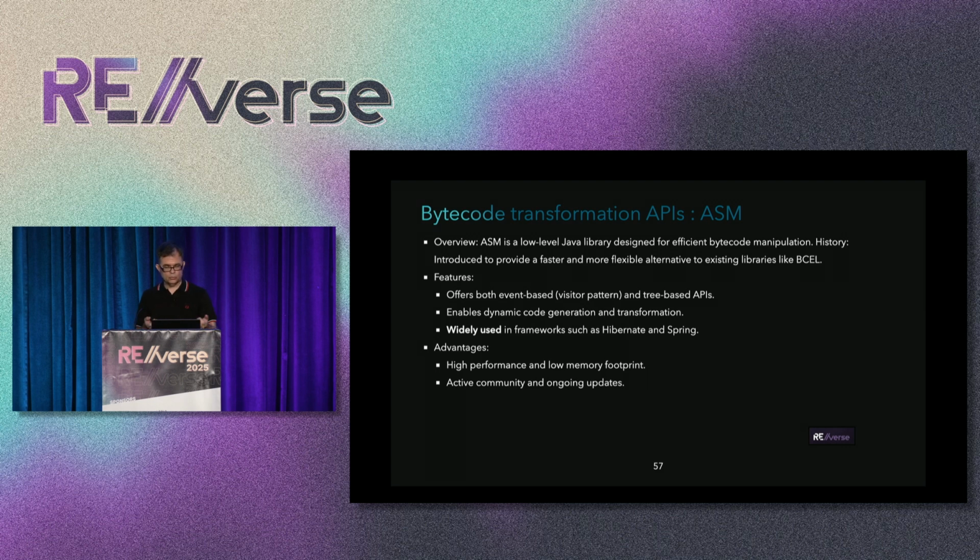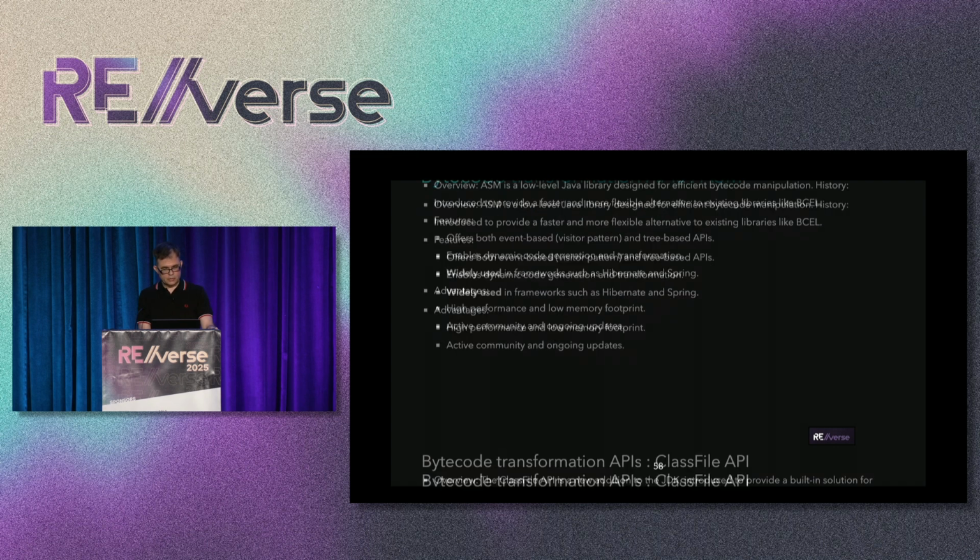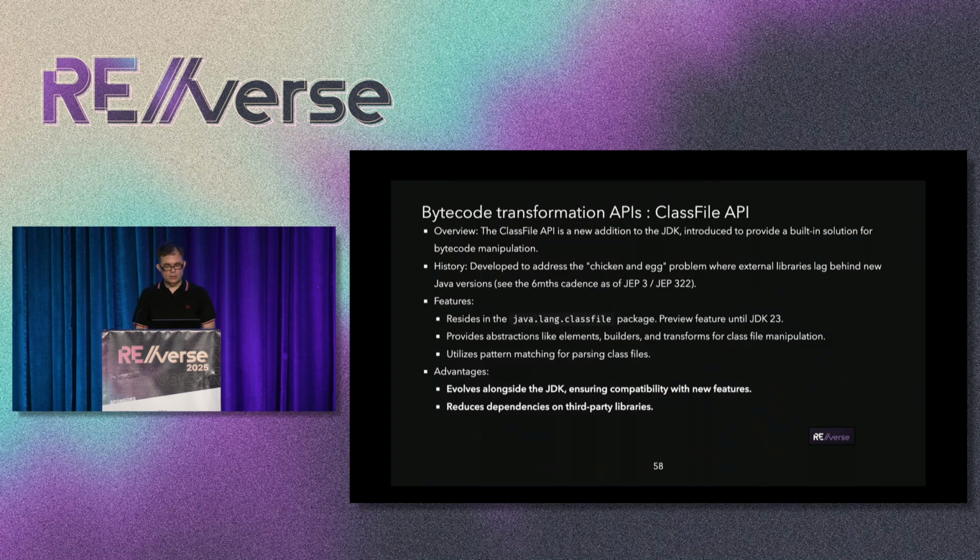It's also old, but it's good to know how it works because it's used in many products. The new player on the field is the Java ClassFile API, which was introduced with JDK 22, but it is a preview currently. It will be a regular feature with JDK 24. It's developed to address the chicken and egg problem.